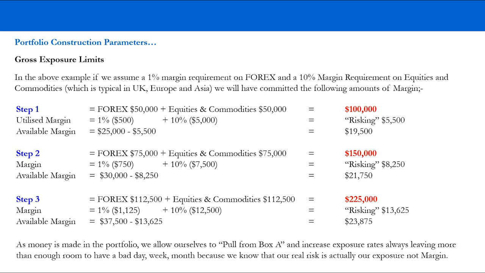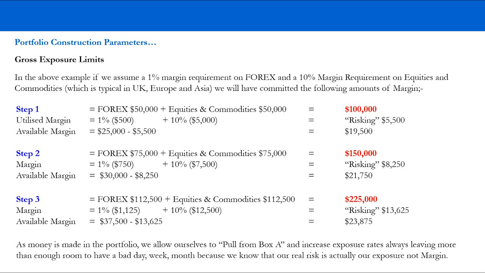In step 2, we have $75,000 Forex exposure and $75,000 equities and commodities exposure, giving a gross exposure of $150,000. The margin that we're utilizing is $750 in Forex and $7,500 in equities and commodities. So in total, in step 2, we're risking $8,250.